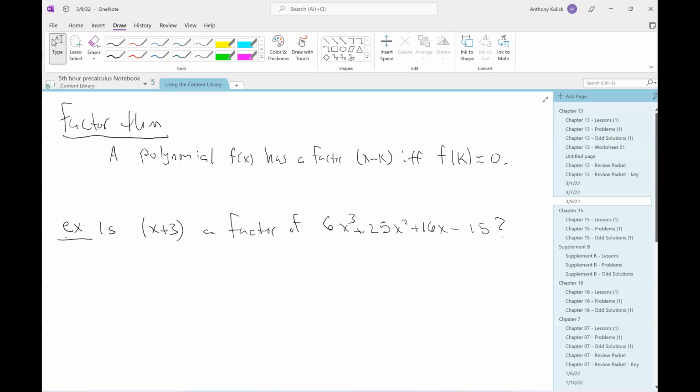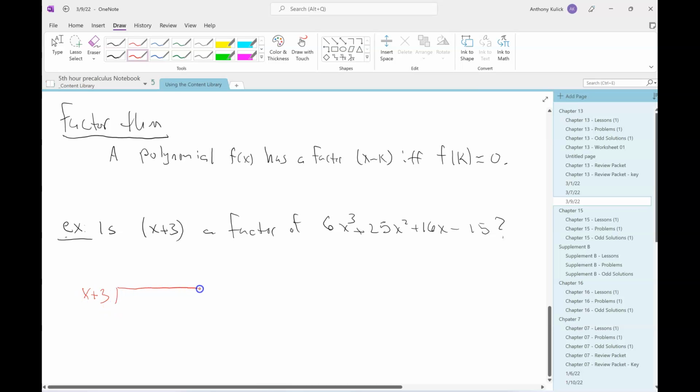Well, one way we could do this is to do the polynomial division. So we set this up the same way we just did.